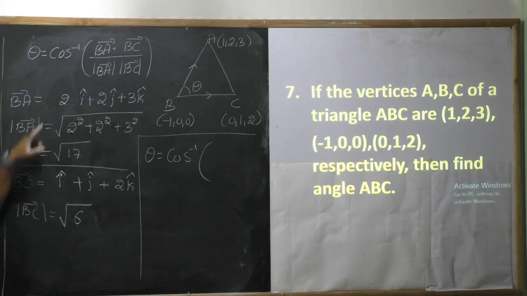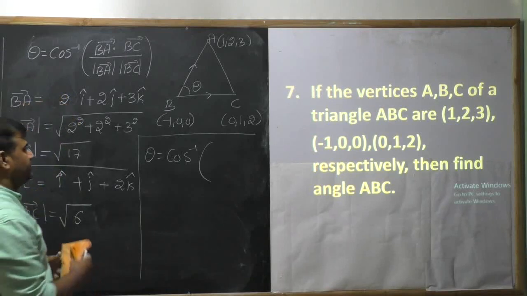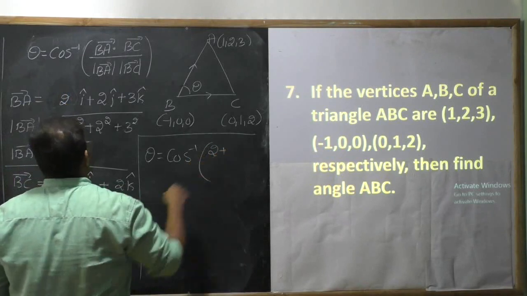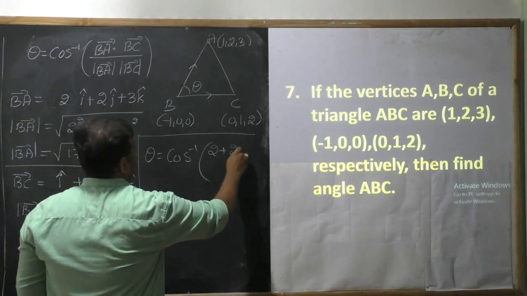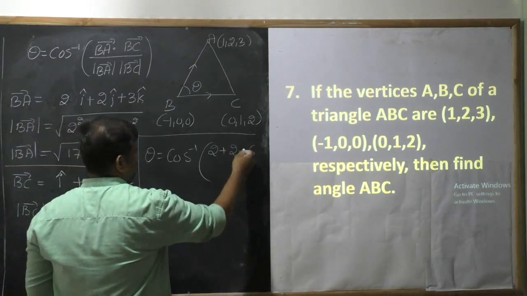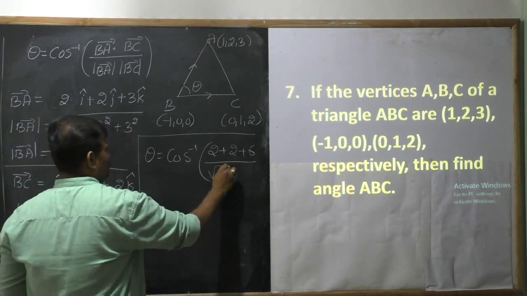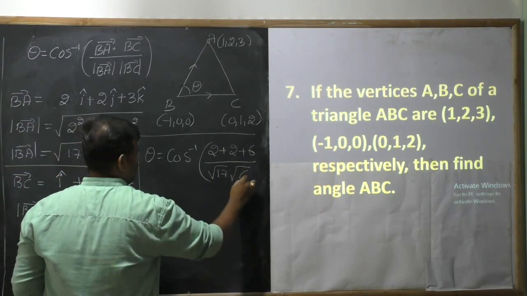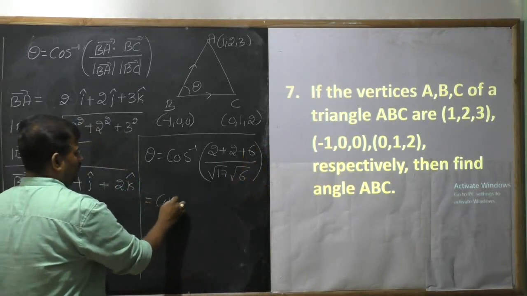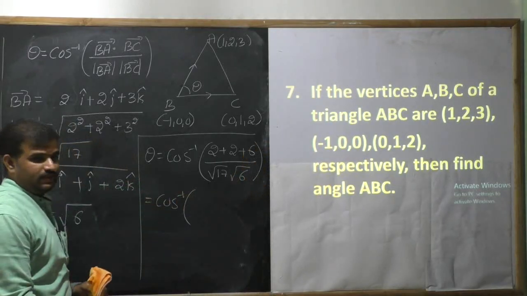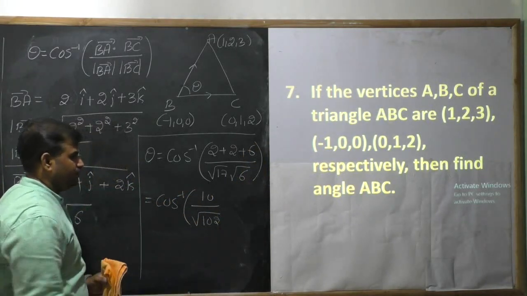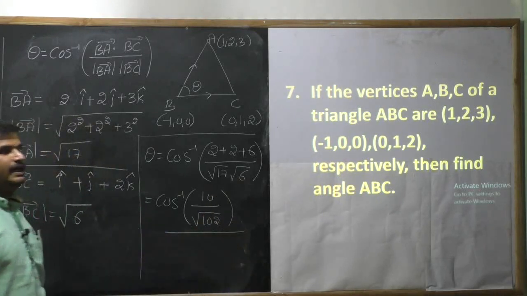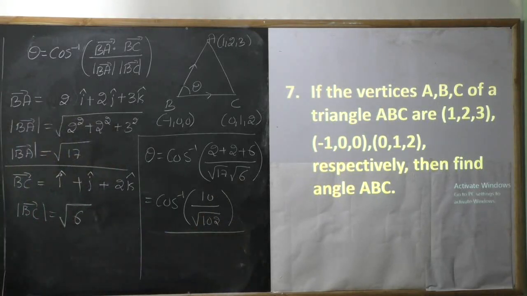Now tell me, 2 into 1 it is 2, plus 2 into 1 is 2, plus 3 into 2 it is 6, divided by root 17 into root 6. This is equal to cos inverse of 2 plus 2 plus 6, it is 10 by root of 102, that is 17 into 6 is 102. This is the angle between vector BA and BC, or angle ABC.